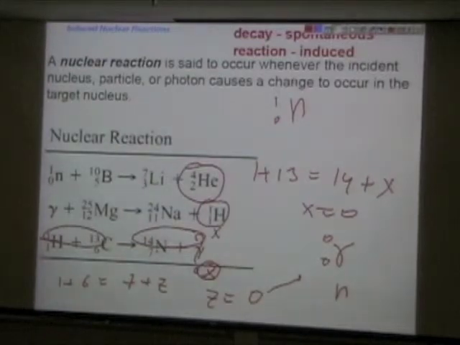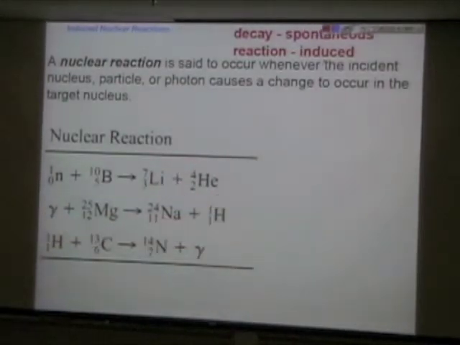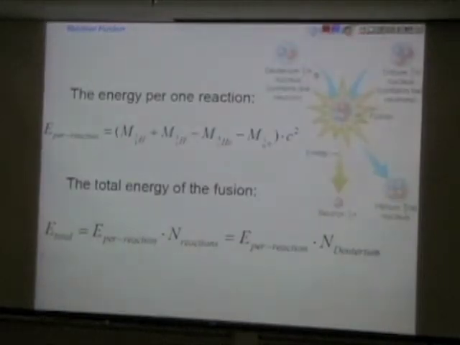So the law of conservation of energy and the law of conservation of charge tell you at least what possible reactions could happen. This is an example of a very important reaction, nuclear fusion. What we do is collide two particles together. It's important because we believe this is what is happening inside the stars.